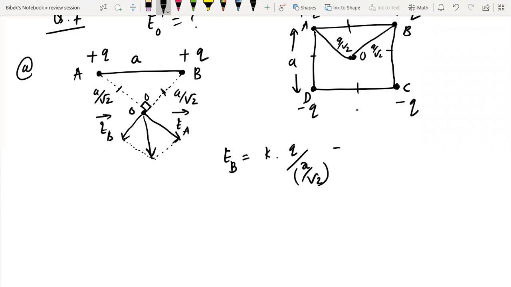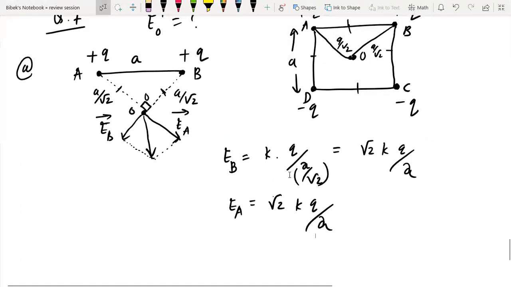So that is root 2 KQ over A. So the electric field at this point due to this charge, EB, is this in magnitude, and your EA will also be the same, because it's the same charge and same distance. It's just the direction that is different, but the magnitude is the same, so it will also be root 2 times KQ over A.